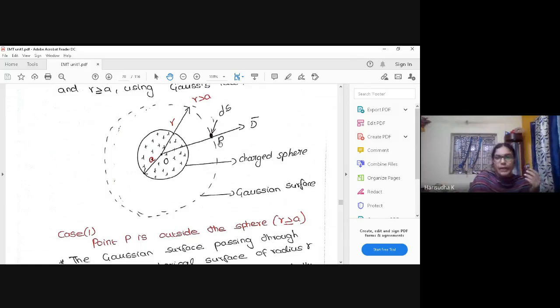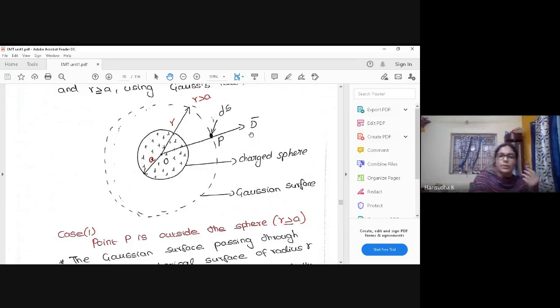In the Gaussian surface, I am going to assume a point P, and along the point P, I want to find the electric flux density. When my direction of electric flux density is this side, automatically my electric field intensity will be perpendicular to the electric flux density.